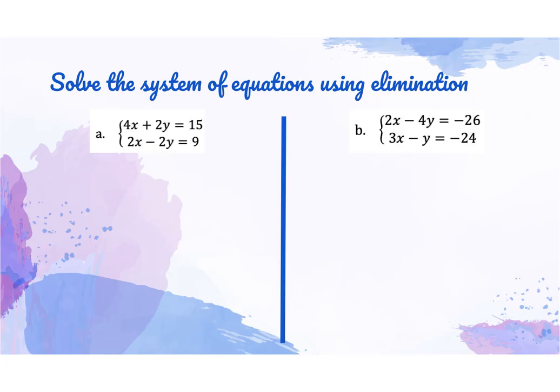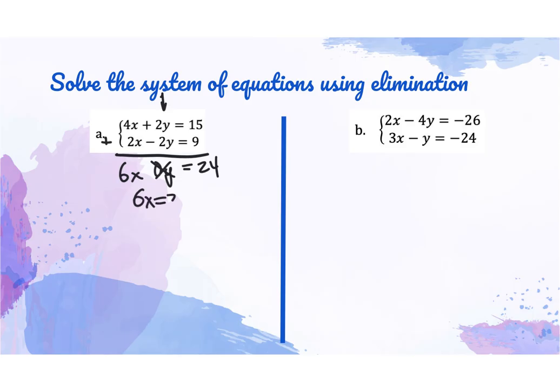Now, elimination works best if you have the same number in front of a letter with opposite signs, or at least opposite signs in front of the same letter. So here, I've got plus 2y and minus 2y, so I'm just going to add those. That gives 6x, the y becomes 0y so it's not there anymore, and the right side becomes 24.